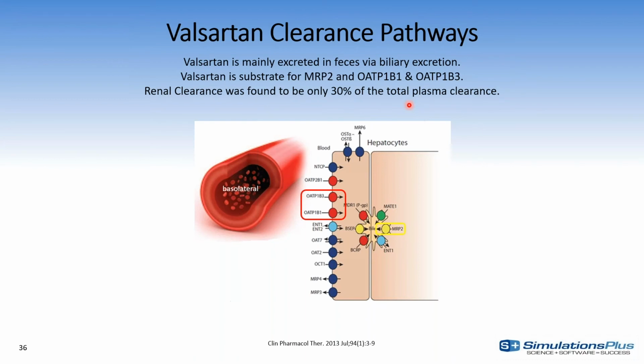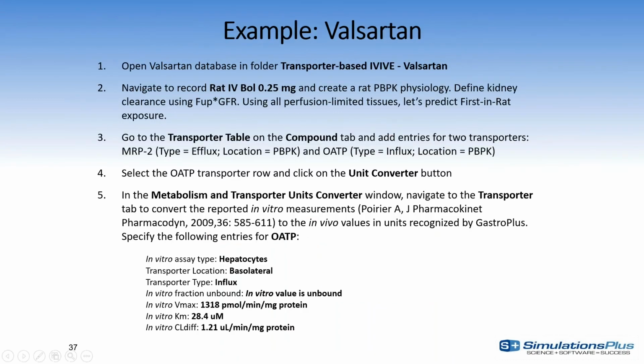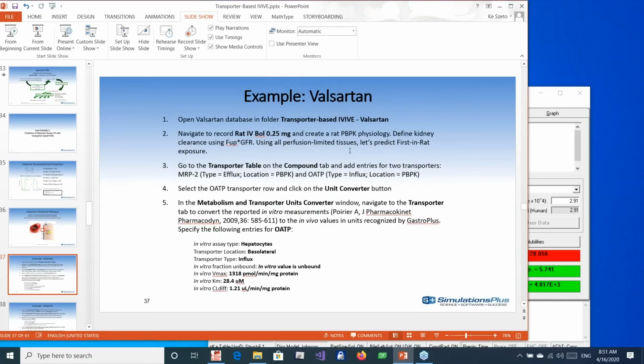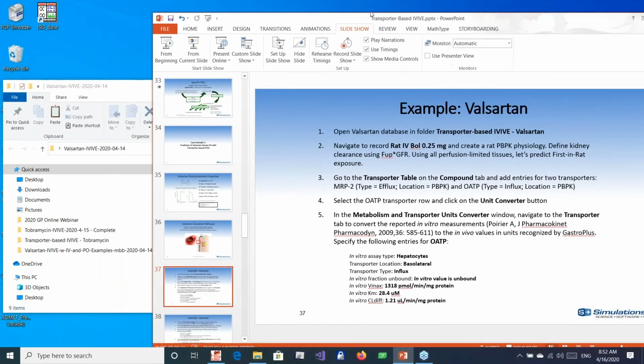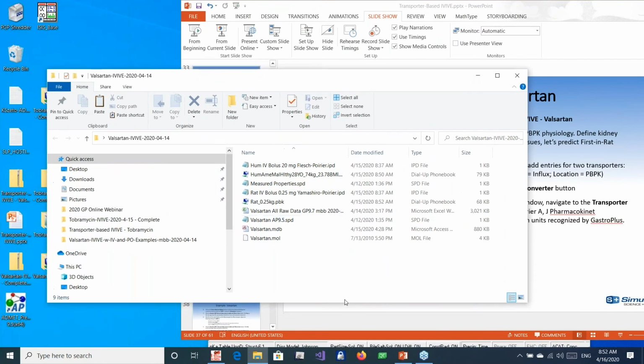So in the example we are showing here, we're going to set up the transporters and also the renal clearance in this case study. So we're going to take a look into our program.